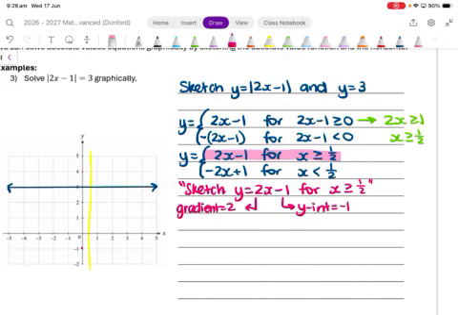Okay, then to easily draw the linear line, we go up 2 across 1 for our gradient. Remember, gradient is rise over run. So we go up 2 across 1, up 2 across 1, up 2 across 1.